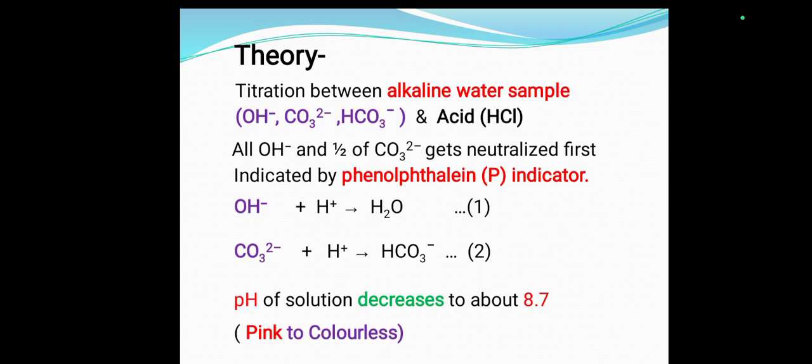We get a pH of around 8.7, and when these two reactions complete, we get a colorless solution. The initial color is pink, and that pink color changes to colorless. Once we get colorless, we have to stop the addition of acid from the burette.